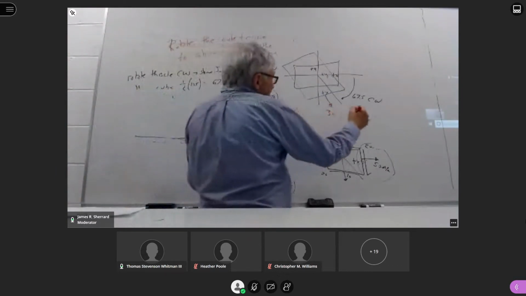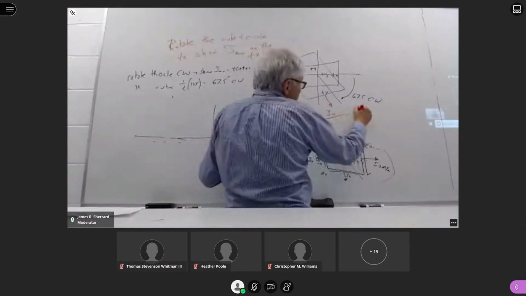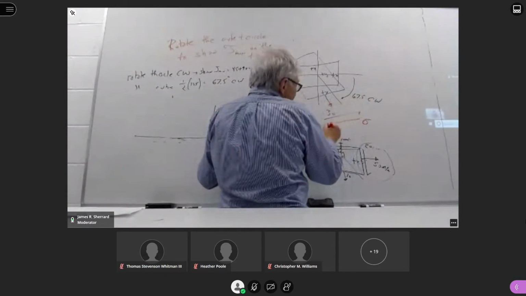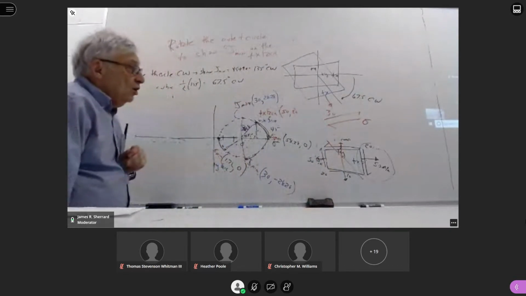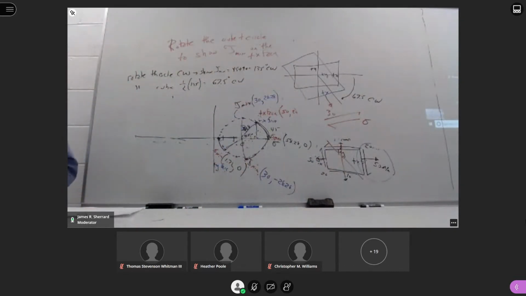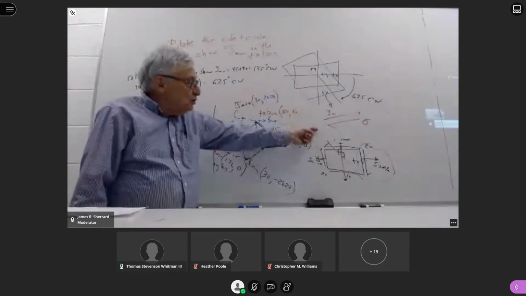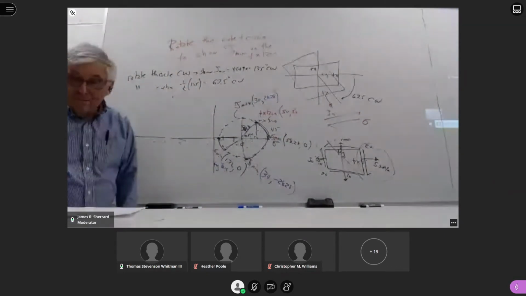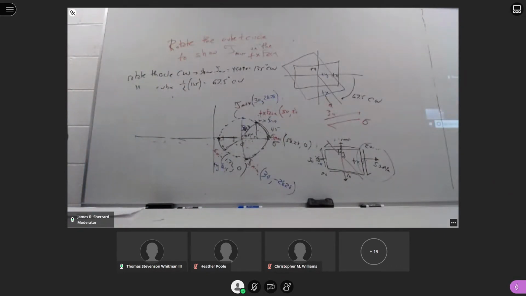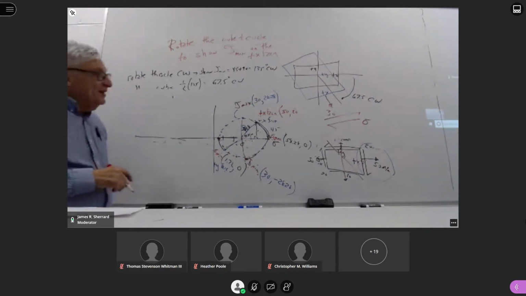28.28. So I have a choice of either putting it in this way or this way. Which way am I going to put it and why? The arrow that's pointing to the left because it's a negative value? No, okay.